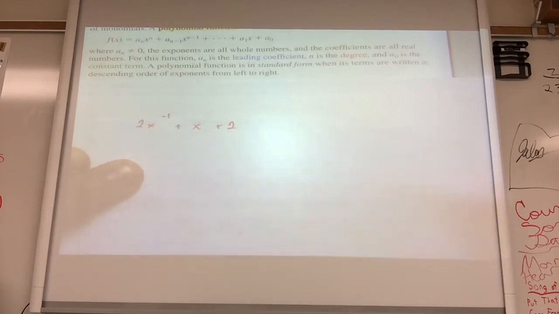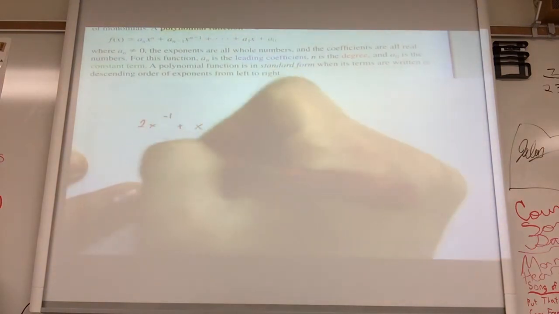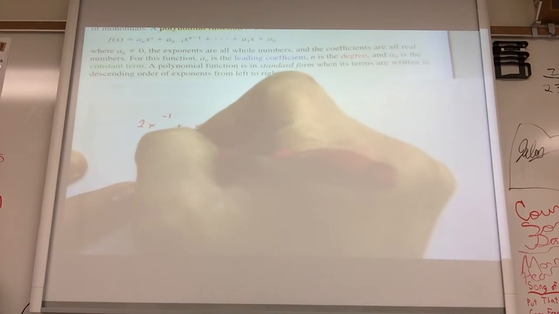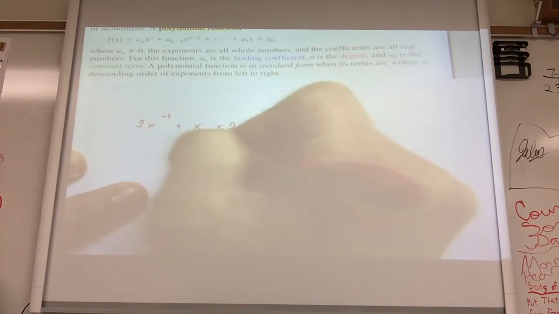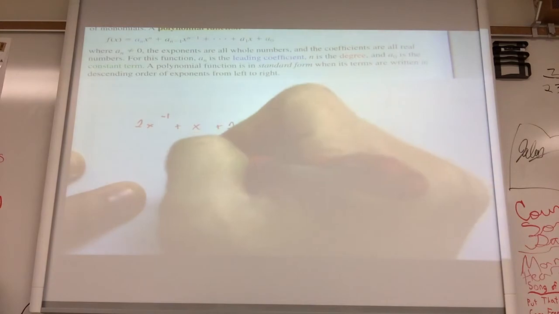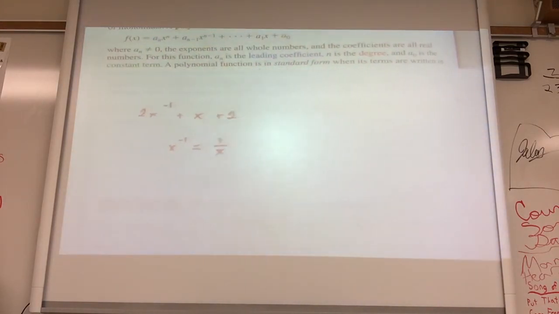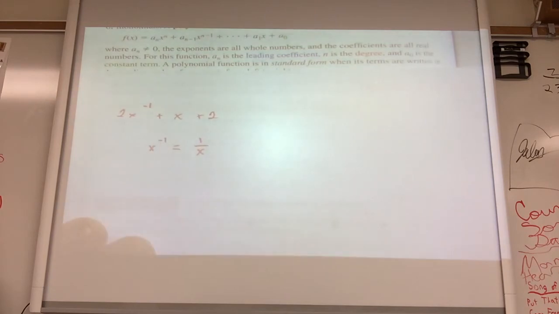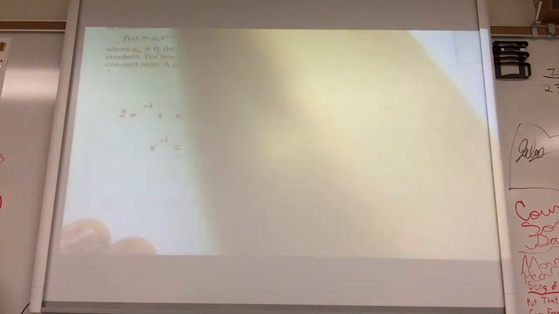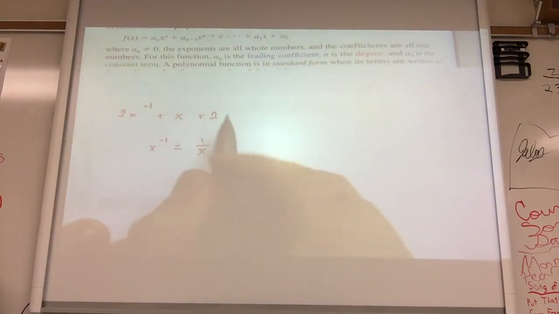That's a negative exponent. Now, here's something interesting. x to the negative 1 also can be written as 1 over x. So, for example, notice I'm going to rewrite this entire thing. Let me use this pencil. I'm going to rewrite this in a slightly different format.